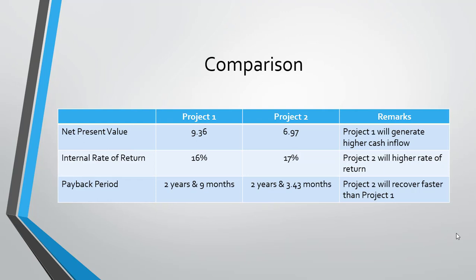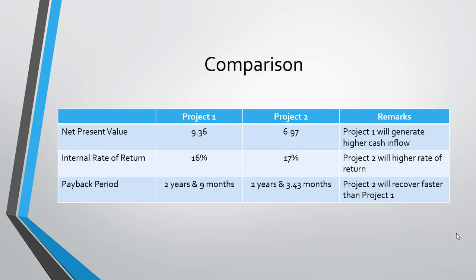With all the calculations that we have made, we will compare two projects. As you can see here, I provided the comparison of project 1 and 2. We have project 1, net present value, internal rate of return, and payback period, as well as for the other project, project 2.